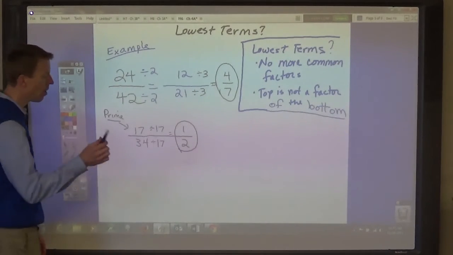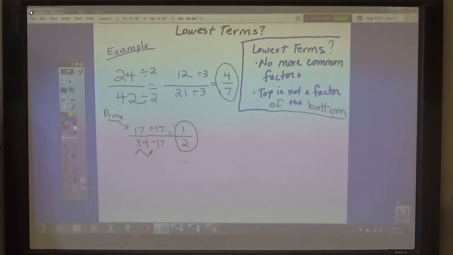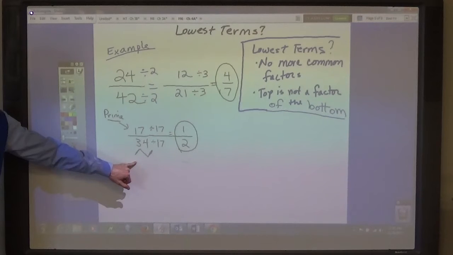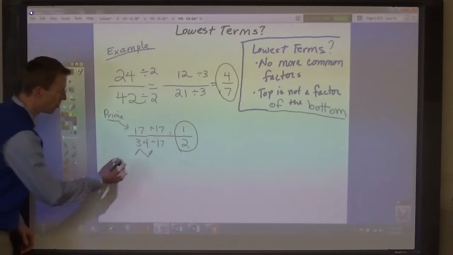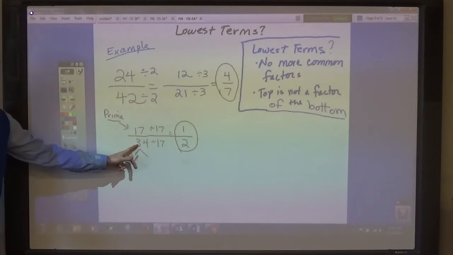You could also figure it out by thinking, well, 34 is not prime. What is 34 divisible by? Because it ends in an even number, it's divisible by what? 2. And 2 goes into 34 how many times?